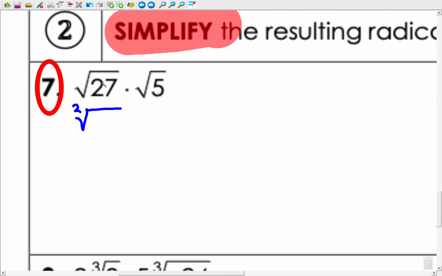What you see for the numbers are 27 times 5. Multiply these two together, and 27 times 5 gives me 135.